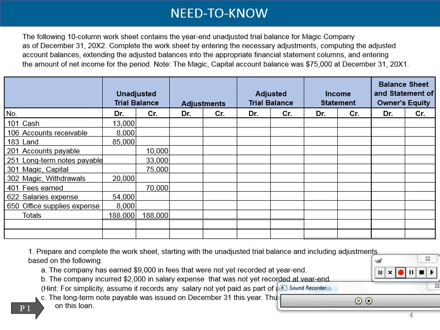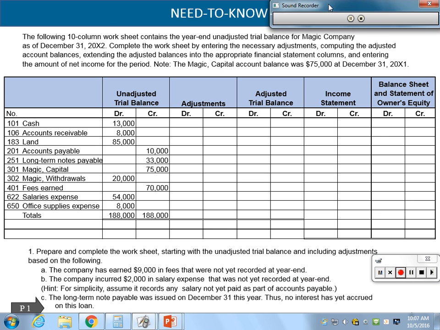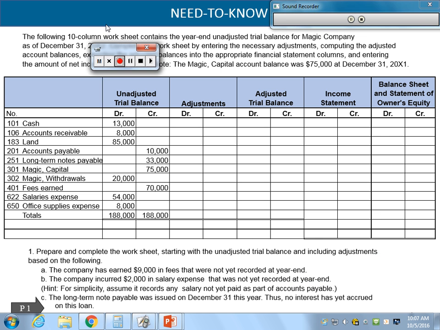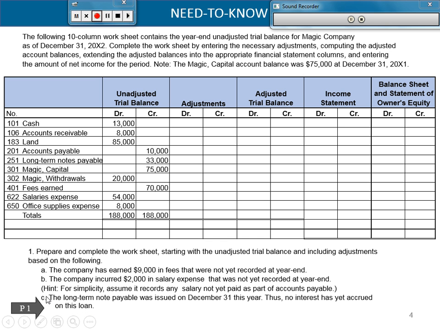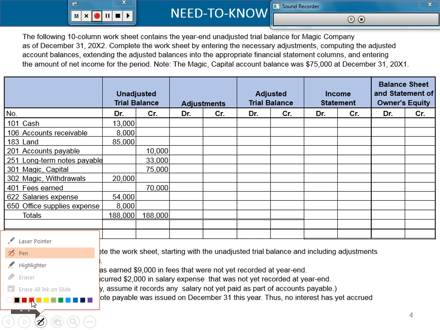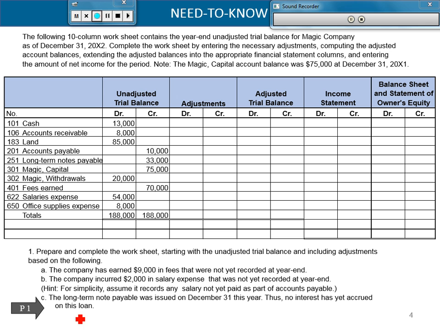They've given us some adjustments here to look at, and I'm going to annotate over them as we read through them. Okay, so for instance, it says down here at the bottom, the company has earned $9,000 in fees that were not yet recorded at year end.